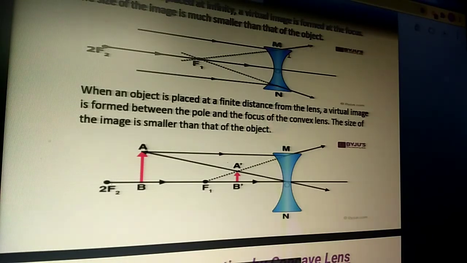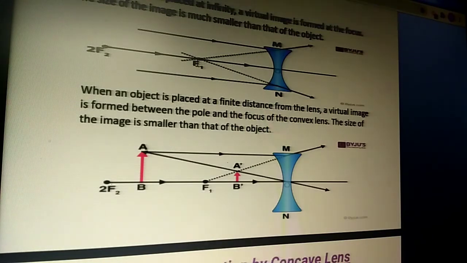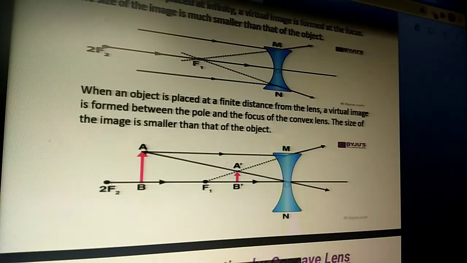So extend those two lines and the image will be formed at f1, diminished, virtual, erect. Now bring the object in front of that and draw the ray diagram again: still a diminished, virtual, erect image. So from infinity to any position in front of a concave lens, the image will be virtual, erect and diminished.